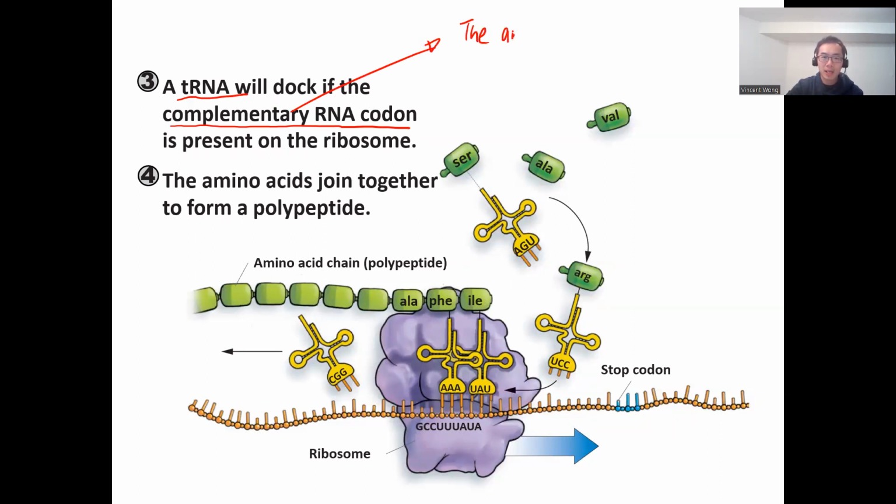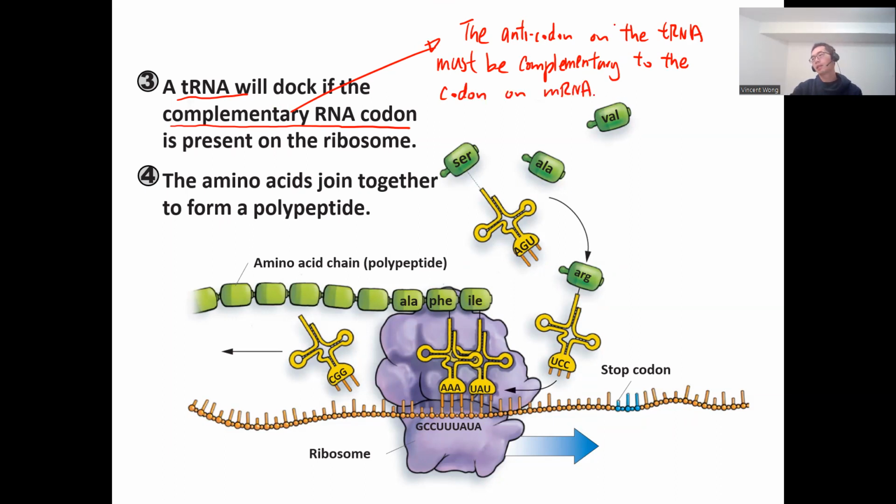The anticodon on the tRNA must be complementary to the codon on mRNA. Okay, it must be a nice fit.